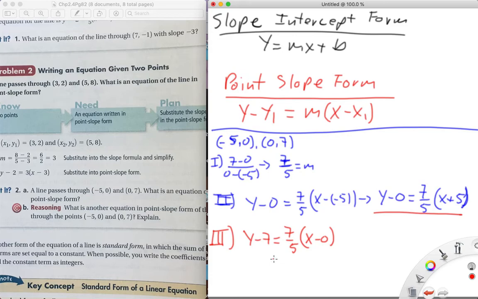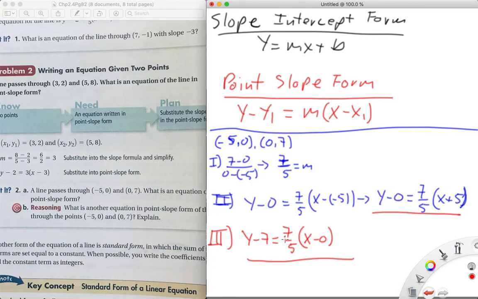And I can leave it at that. That would be my second version. Both of these are the same line. I know they're the same line because they have the same slope. They just have different points. It really doesn't matter which point you use, as long as you have the slope in the same place. Even though they look different, they actually represent the same line.